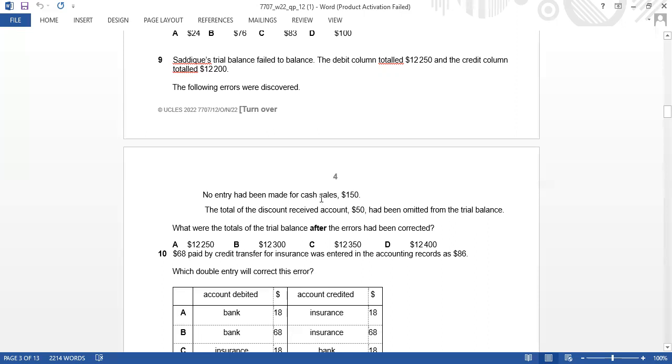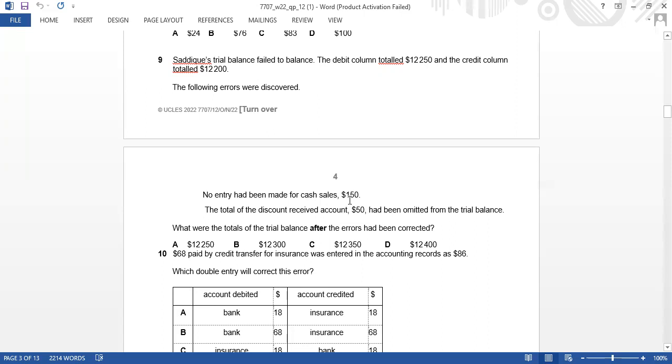And sales 150 will also come in the credit side of the trial balance, and cash debit. Cash will come under the debit side of the trial balance. So the total debit balance would be 12250 plus 150.